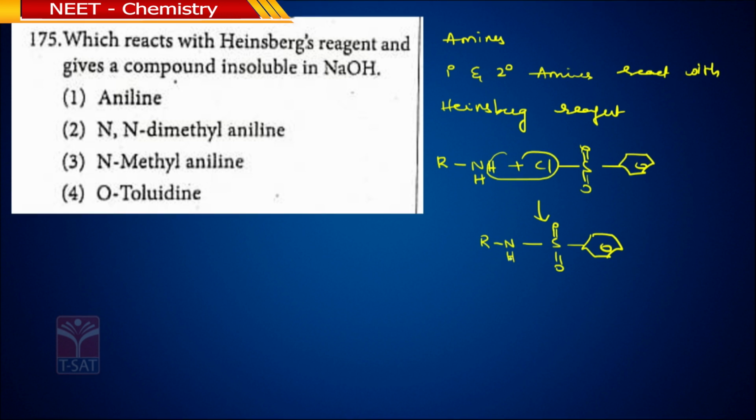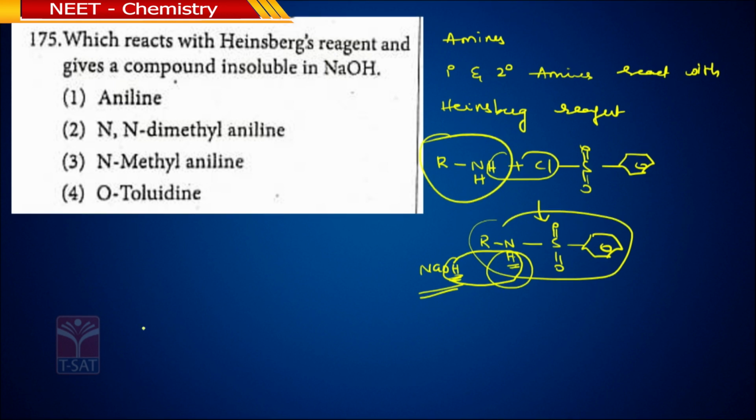But it is soluble in base because one more H is present. This H reacts with OH of the base NaOH and forms H2O. It means the product of this reaction dissolves in NaOH. What is the amine we have taken? Primary.